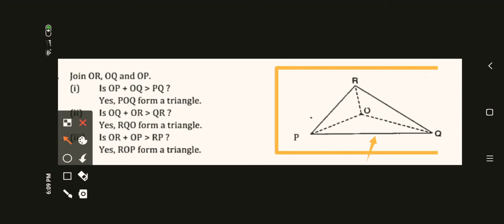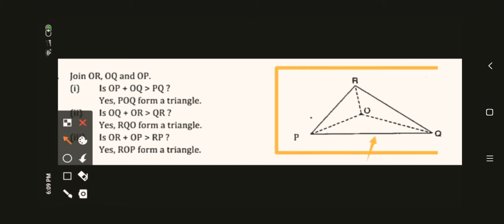So yes, it forms a triangle. So this condition is true. Okay, so we are firstly stating yes, telling that the condition is possible. Why? Because POQ is a triangle. Similarly, the second and the third conditions can be satisfied because QOR and ROP are triangles.